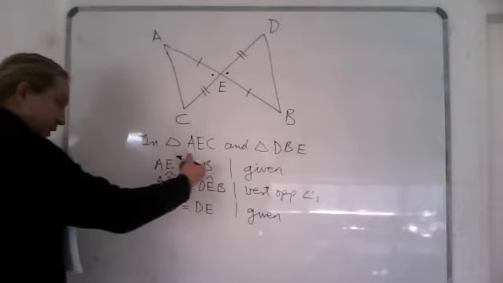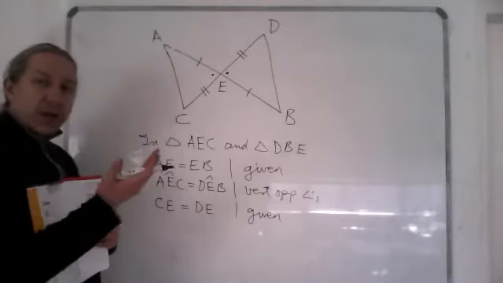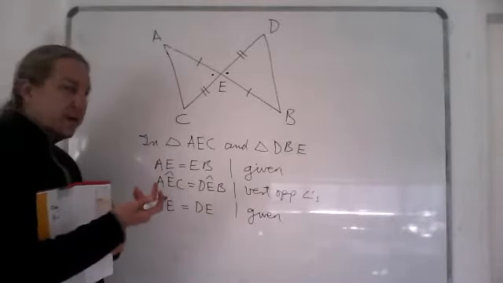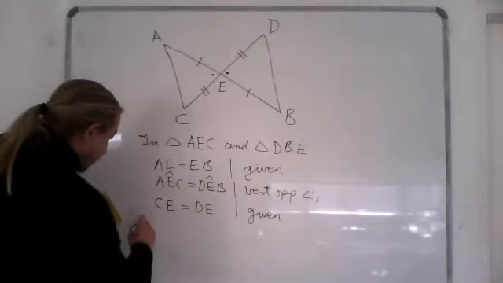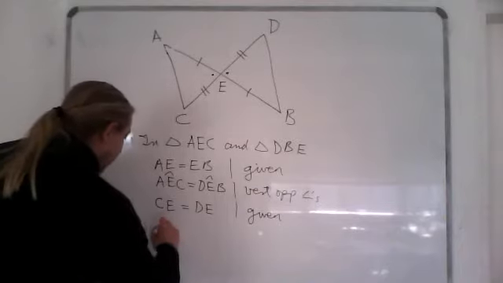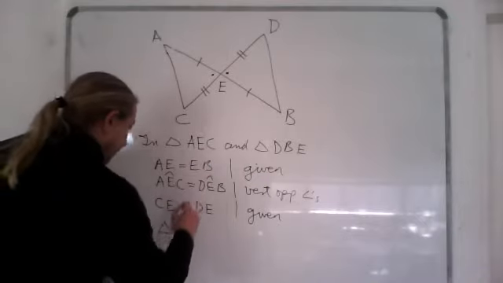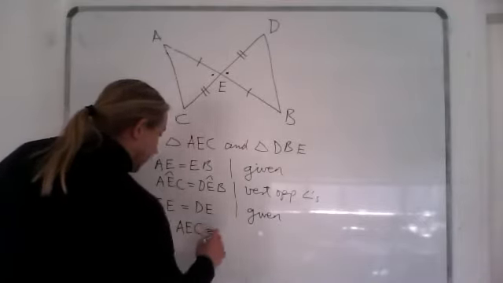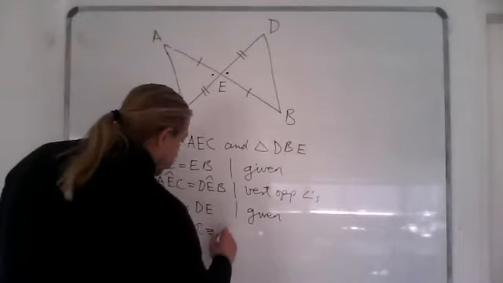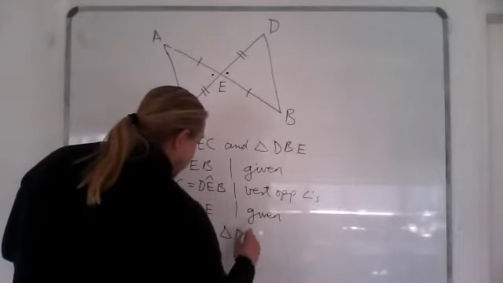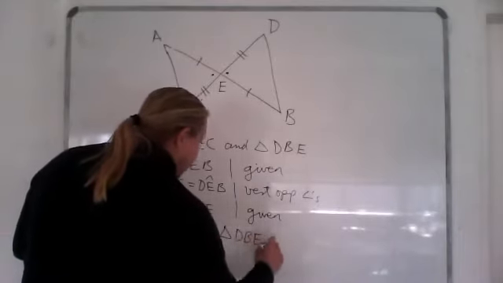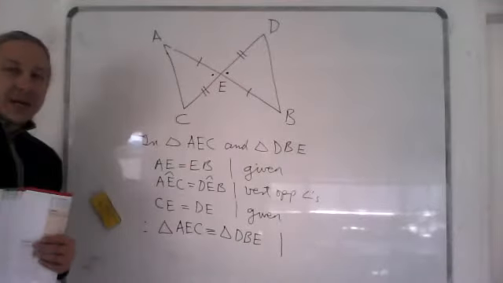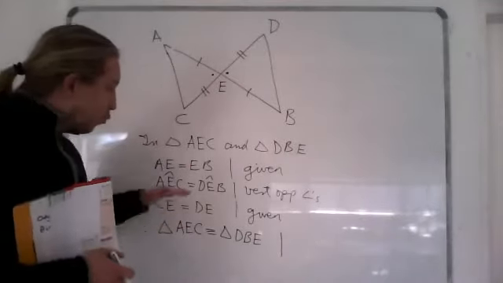Once we've proved the three conditions for whatever congruency condition we're proving, we're going to say therefore triangle AEC is congruent, triple equal sign, to triangle DBE. Right? What is the reason for us saying that? Well, it's the proof that we proved.